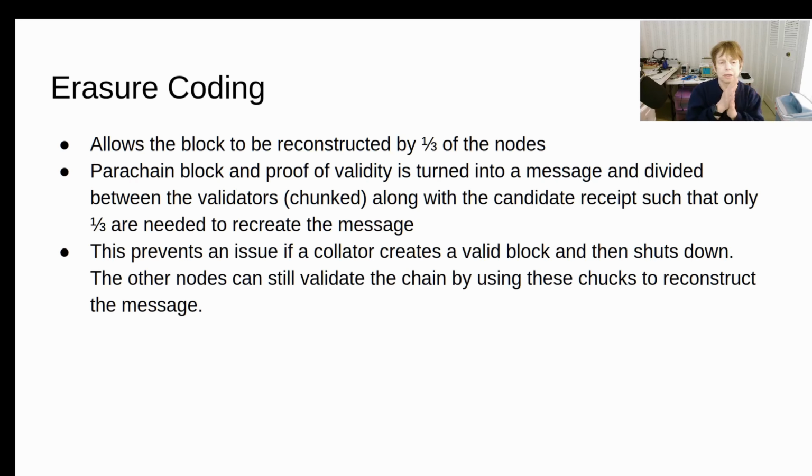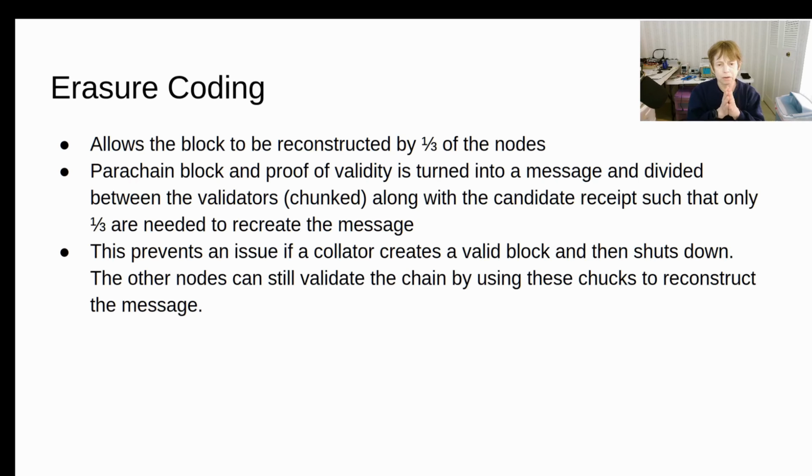In their documentation, they explain that, let's say a collator creates a valid block and then shuts down. Without this, you'd have no way of validating the chain, because you need the information the collator created.